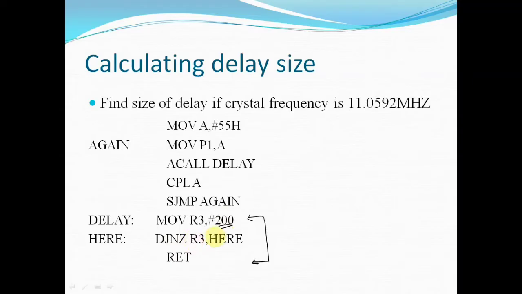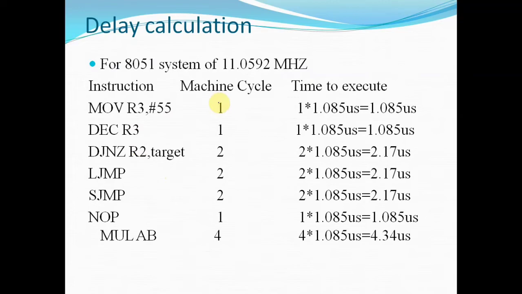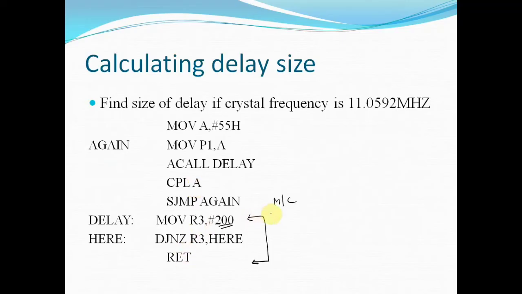First we will see the number of machine cycles required for all the instructions in the routine. Just now I showed you that the MOV instruction takes one machine cycle, and DJNZ requires two machine cycles. So I will write the machine cycles here. This is one machine cycle, this requires two machine cycles, and RET also takes 2 machine cycles.